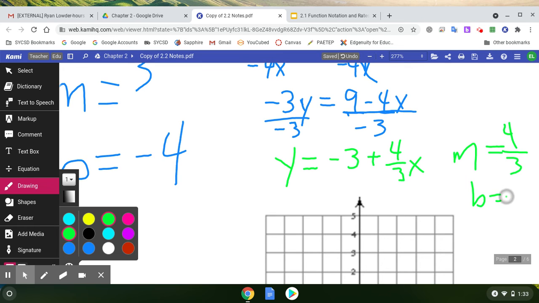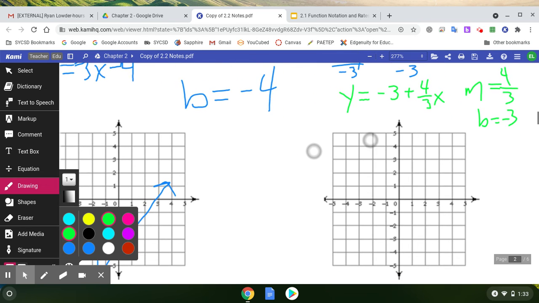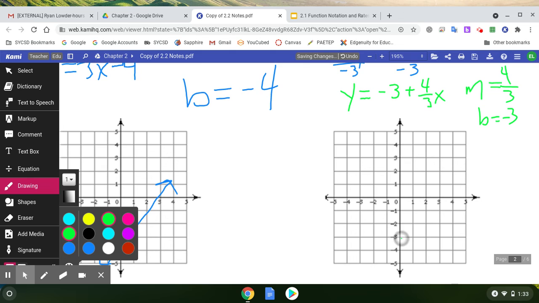My y-intercept is negative 3, which then allows me to graph the line. So negative 3, up 4 units over 3 units to get my next point. And from there, I have my line.